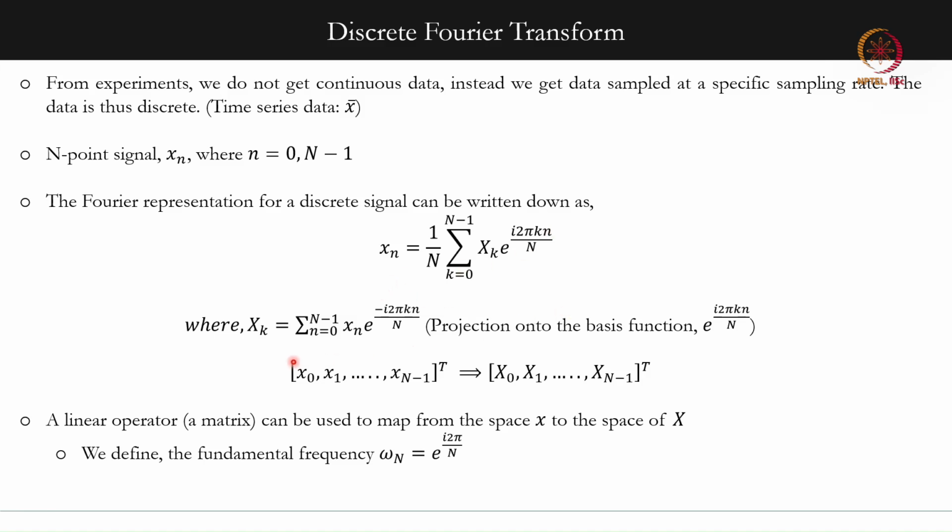Now if we look into this definition to estimate the Fourier coefficients or projections, we can see that there is a one-to-one map between the data series x_n and the projection series capital X. That means I can express the projection vector, or my Fourier coefficient vector, using a matrix multiplication format. So that is what we'll be doing next.